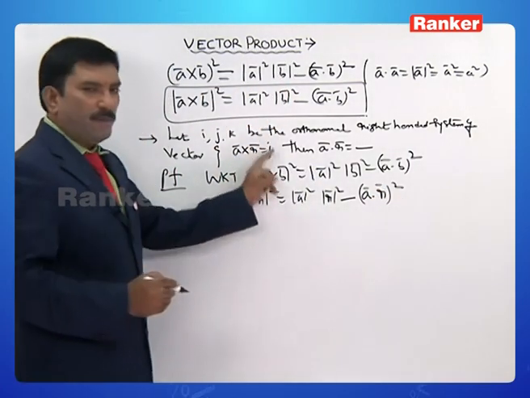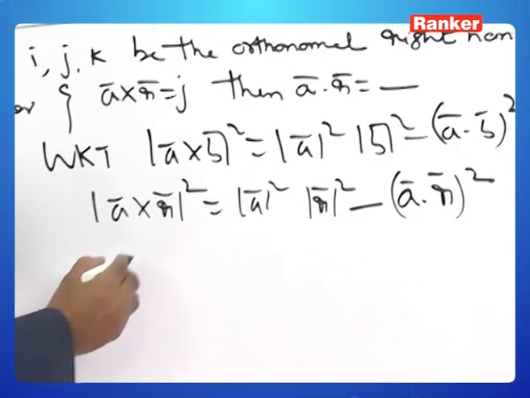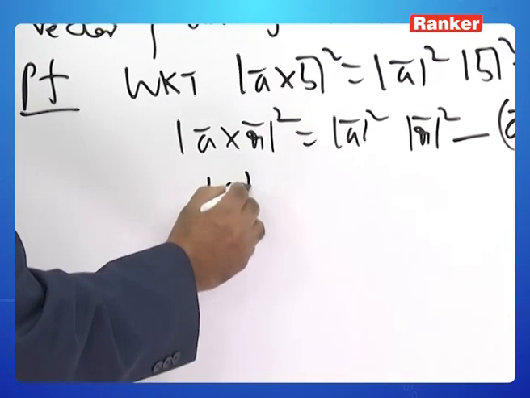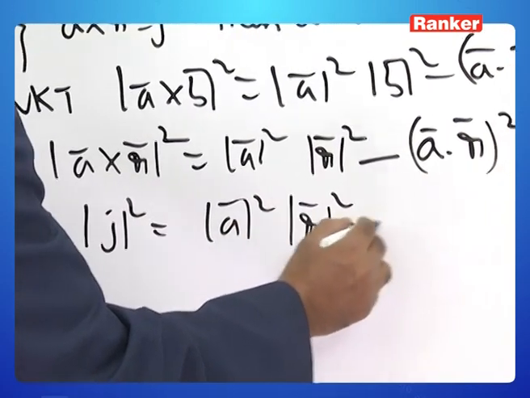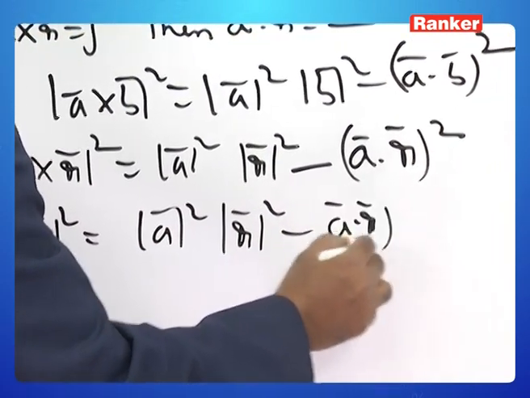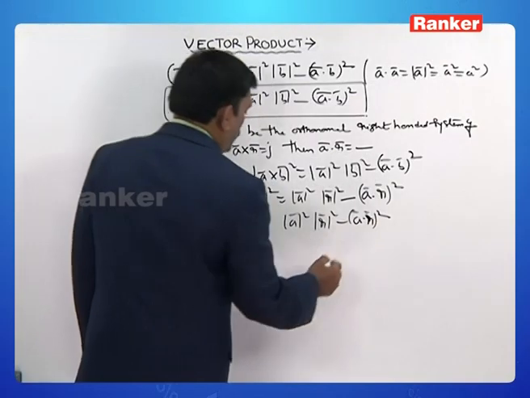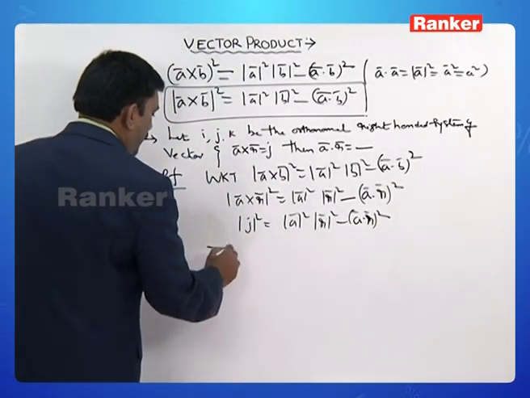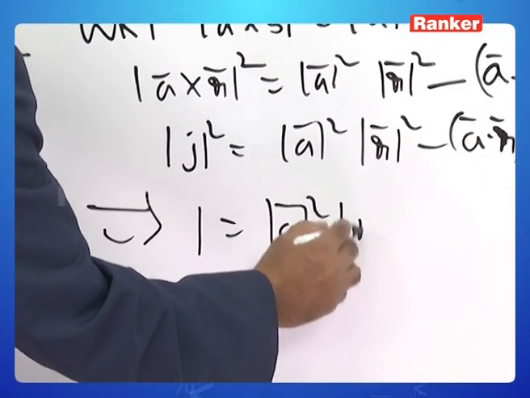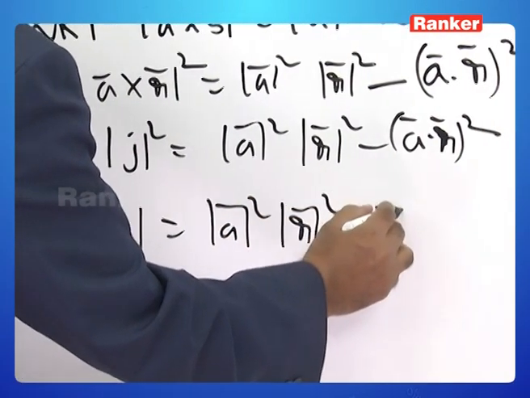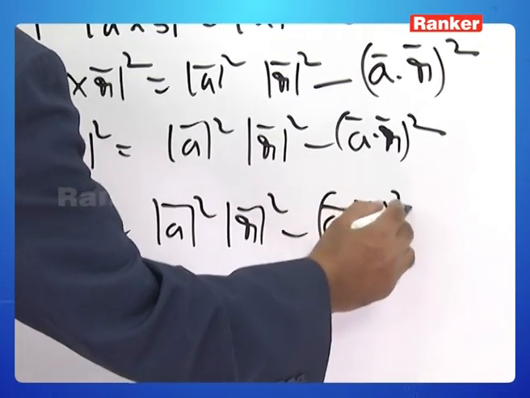But A bar cross R bar is equal to j, and |j|² is equal to 1. So 1 is equal to |A|²|R bar|² minus (A bar dot R bar)².